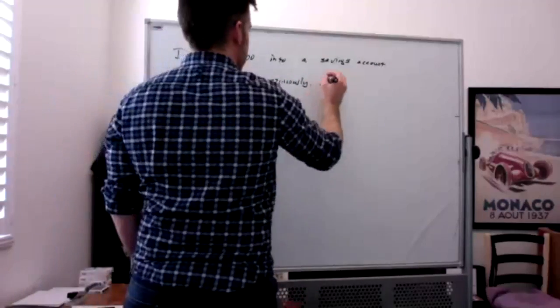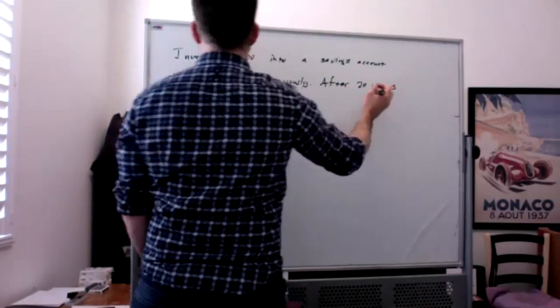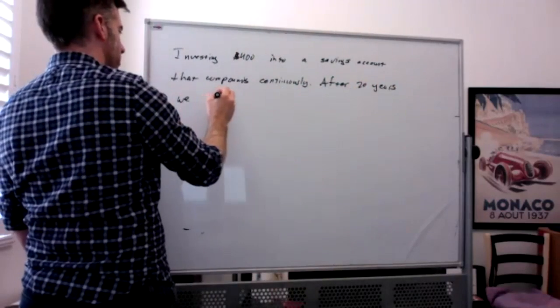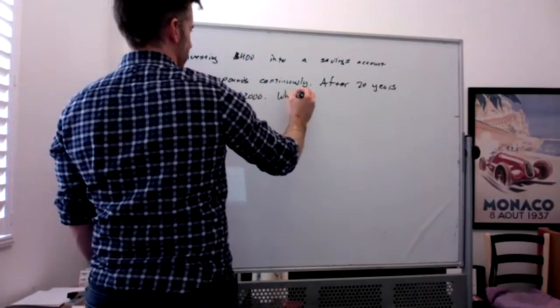After 20 years, we have $2,000. What was the interest rate?